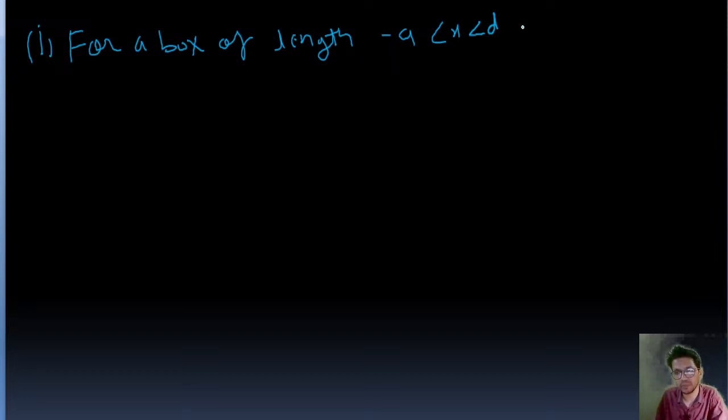Okay, when x is between minus a to a, this property is, guys. For this, you need to know the expectation value. Okay, for a box of length minus a, when x is between minus a to a, this is always going to be 0. A into a, this is a into a, okay.